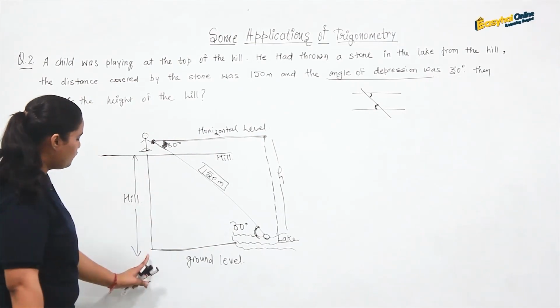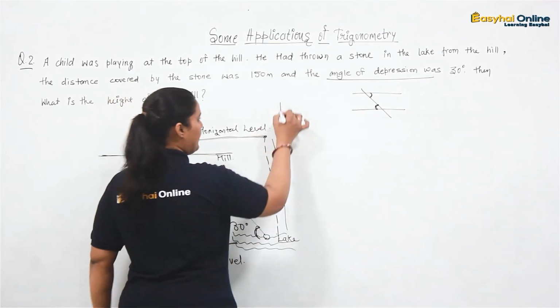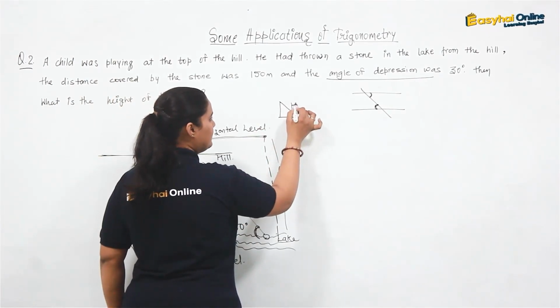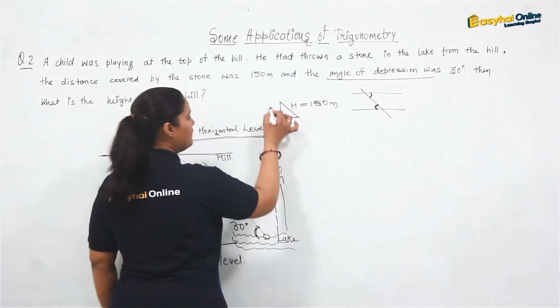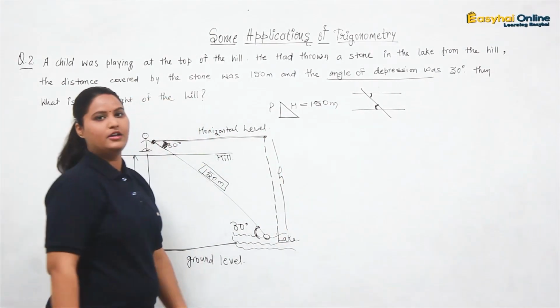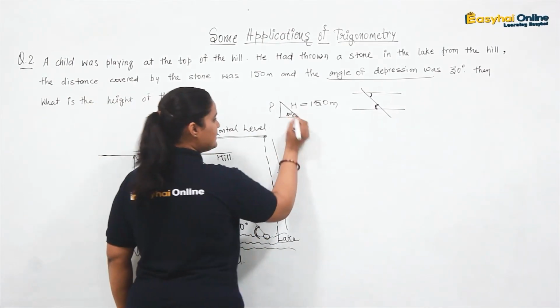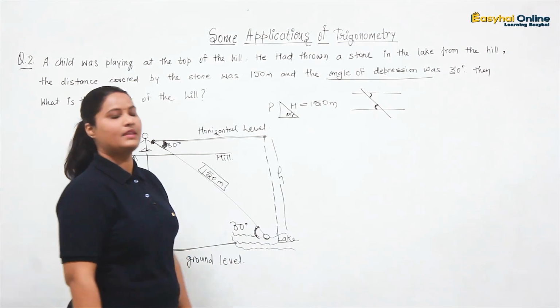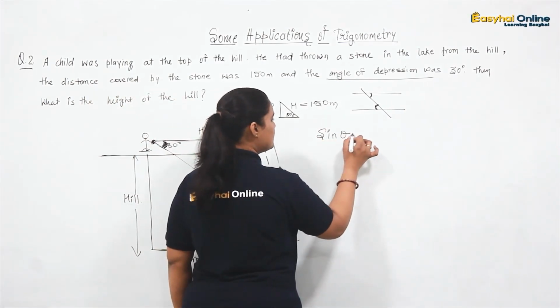Now I have to find out the height of the hill. So again, comparing this to the right angle triangle, hypotenuse is given 150 meter and we have to find out the perpendicular when the angle is given 30 degree. So let's find out which ratio we will use.